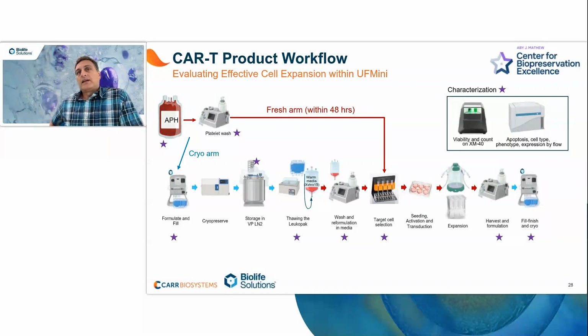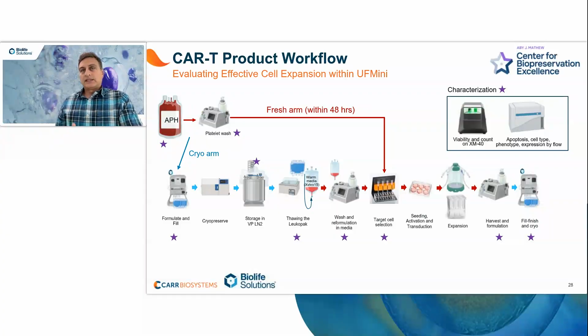And then at the end of day 9, we harvested and formulated that final product into the Cryostor, washed with Plasmalyte, and then added Cryostor, and then went on fill finish on CT5 and our CellSeal platforms. And then we did further cryopreservation and thaw on that one for assessment of that final product. Anywhere there is a star in this workflow is where we did the characterization of the product.